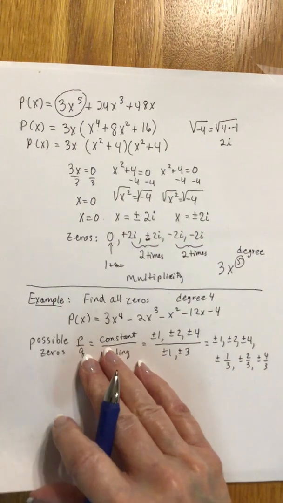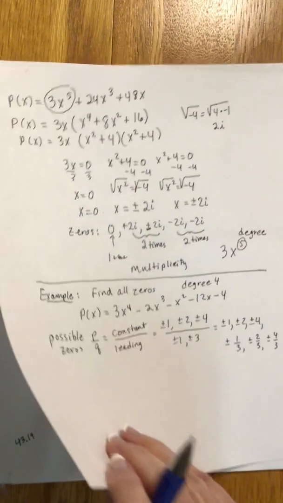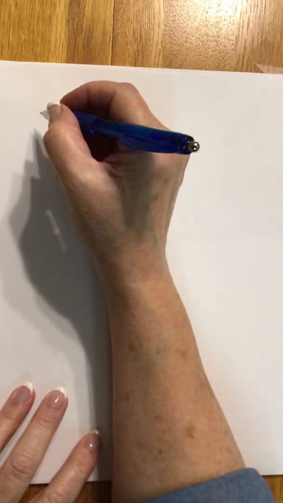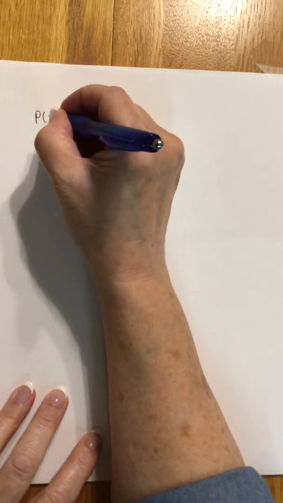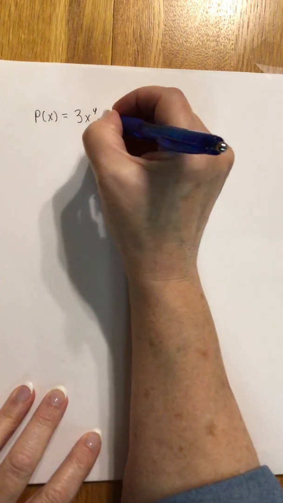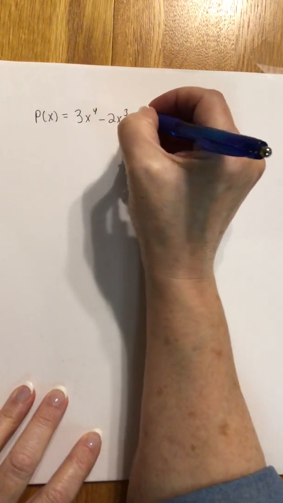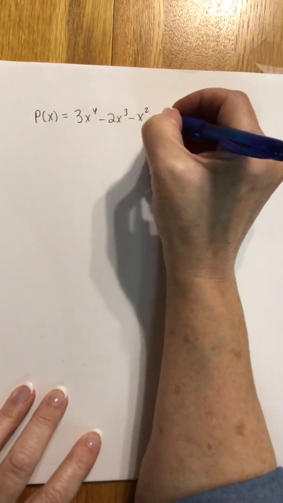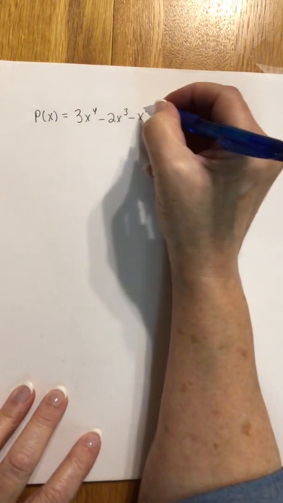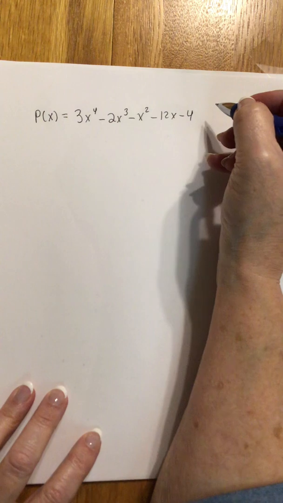So let me switch pages. So we start out with our original question, p of x equals 3x to the 4th minus 2x to the 3rd minus x squared minus 12x minus 4. 4, 3, 2, 1, none, so there's no missing ones.